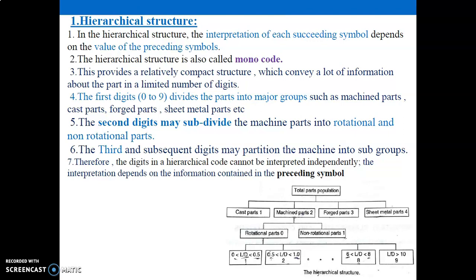When somebody gives you the code, from that code you can identify the whole operation and the sequence of the part without actually observing that part. So the rest of the things we will continue in the next lecture.